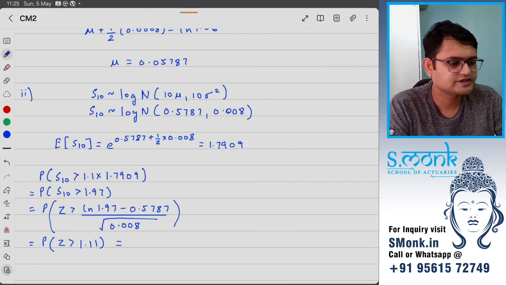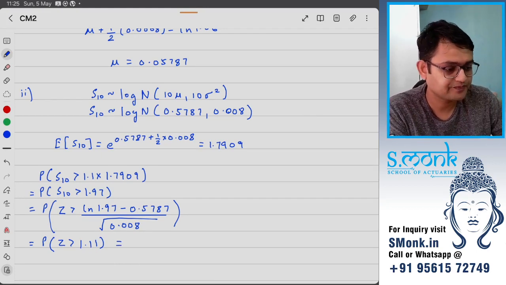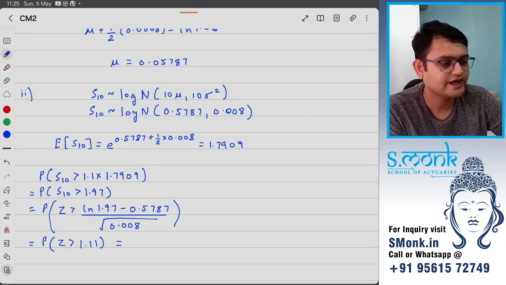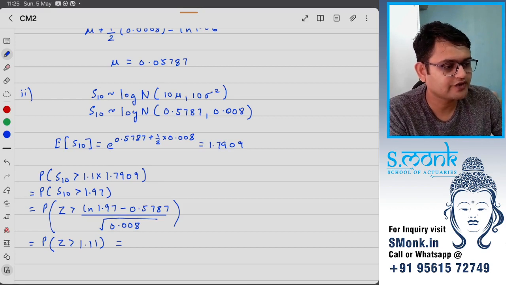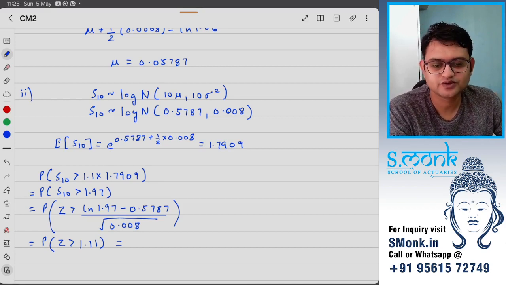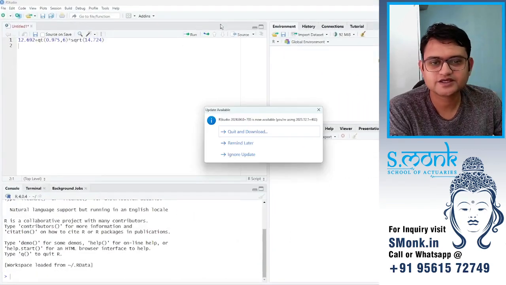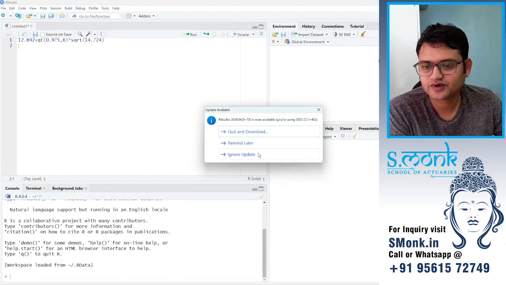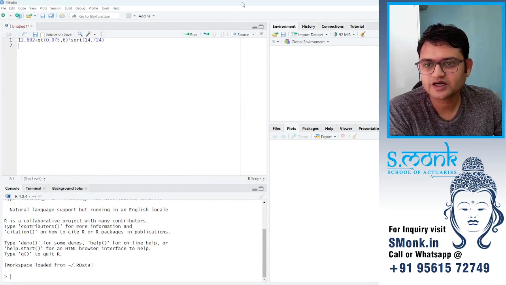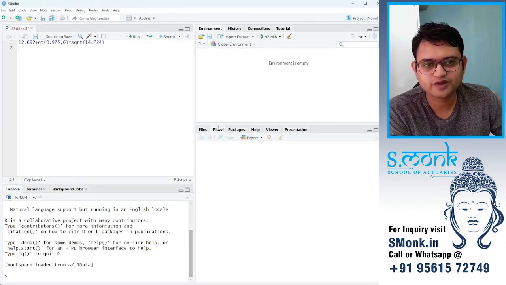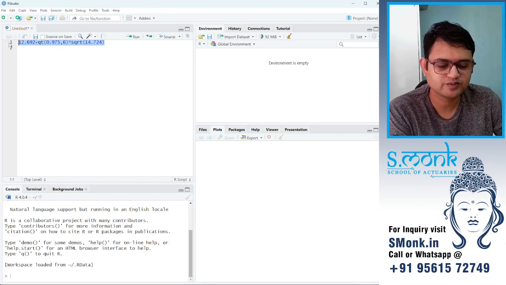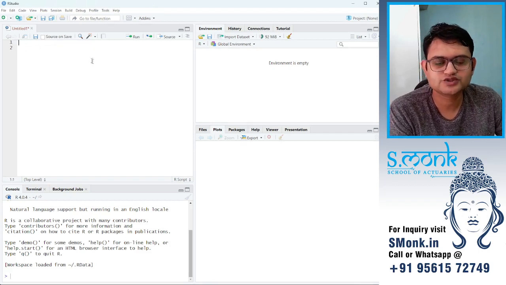If you are giving the examination from IFOA, you can directly use RStudio to find any probabilities. Basically, you can use RStudio as an alternative to your table book. Any probability that you can find in your table book, you can use RStudio to calculate.